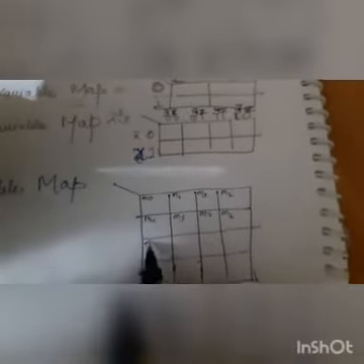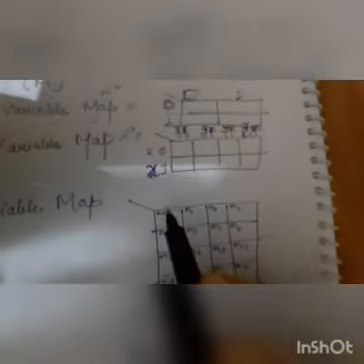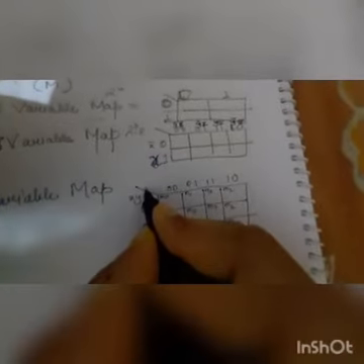Then here we will write M8, M9, M11, M10, M12, M13, M15 and M14, with 0 0, 0 1, 1 1, 1 0 along WX and YZ. So this is a 4 variable map. We have to study these 3 variable maps. The questions will come from these maps.